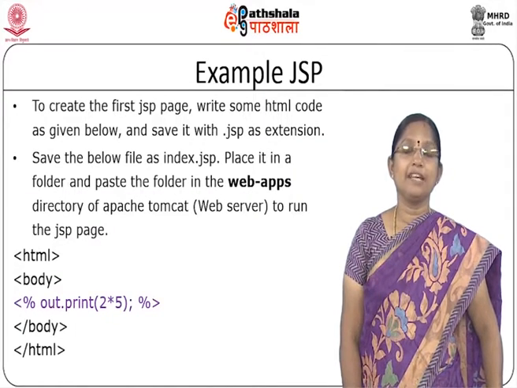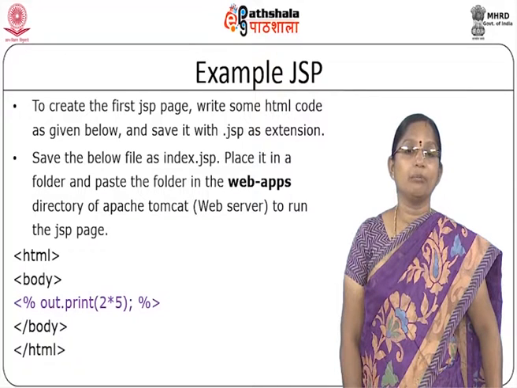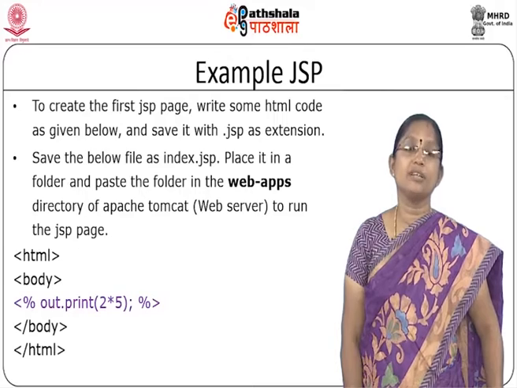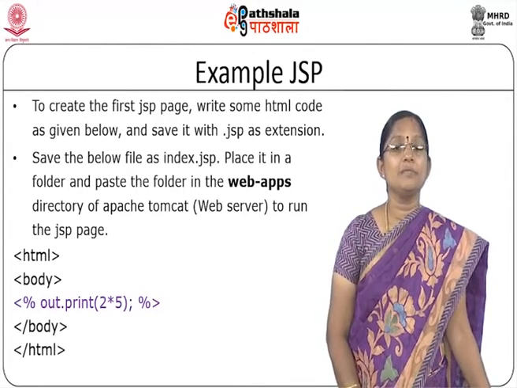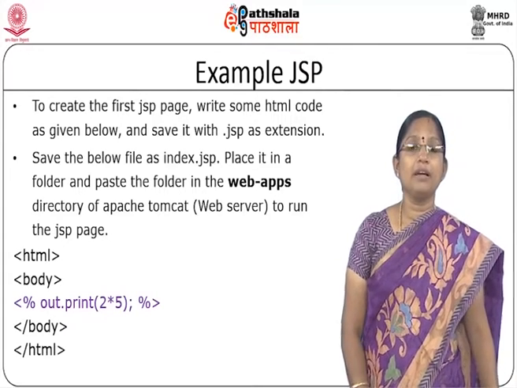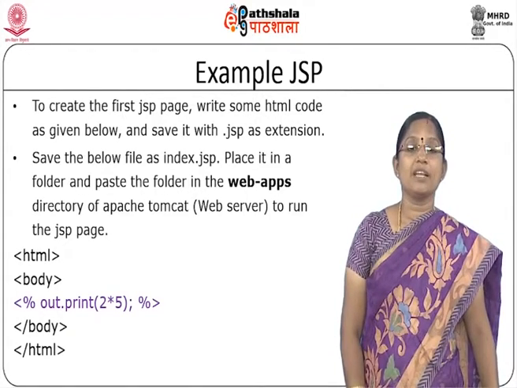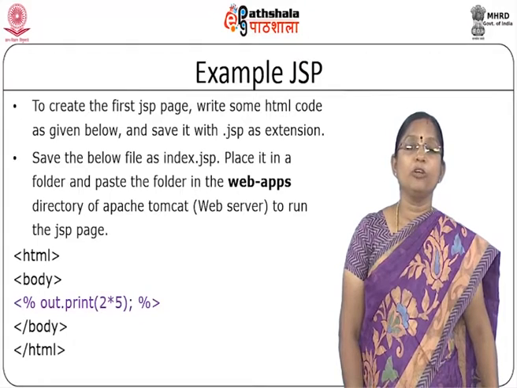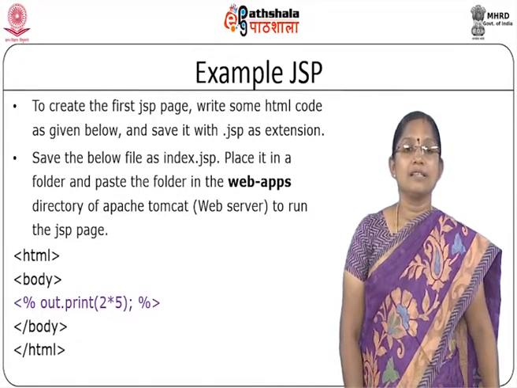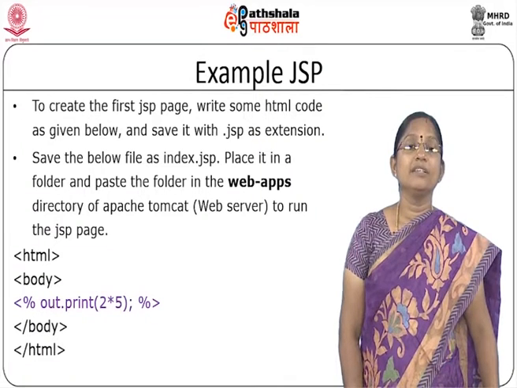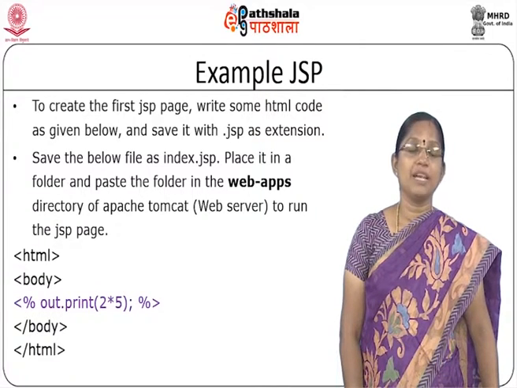I think you have studied what Tomcat is, and how to install and deploy Tomcat in the case of servlets. Installation and deployment of Tomcat is very similar to servlets. In the web apps directory of Apache Tomcat, we are going to create a folder with a desired name, and under that folder this JSP page is going to be placed.